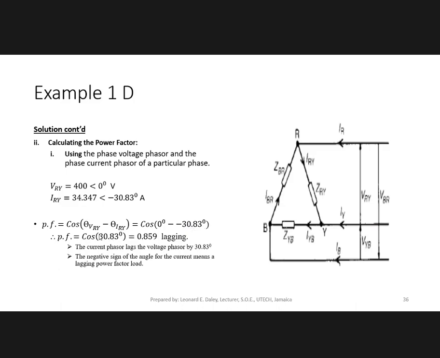So therefore, doing the math here, minus minus gives you a plus. 0 minus minus 30.83 gives you 30.83. And the cosine of 30.83 is equal to 0.859.